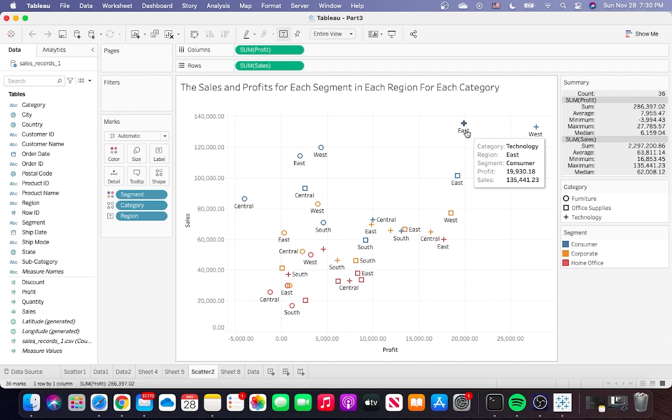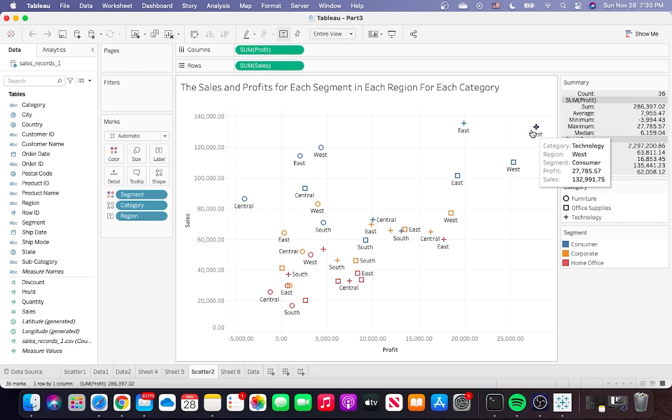And for the profits, the x-axis, we found that West has the most amount of profit among all regions, categories, and segments. The profit is about $27,000 under the technology category and consumer segment.